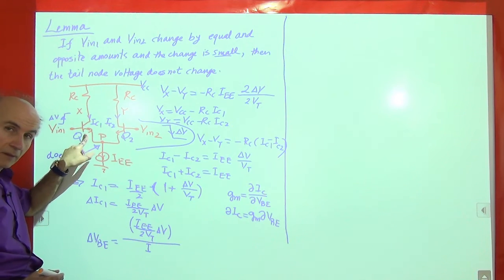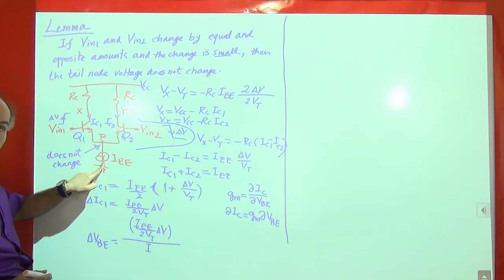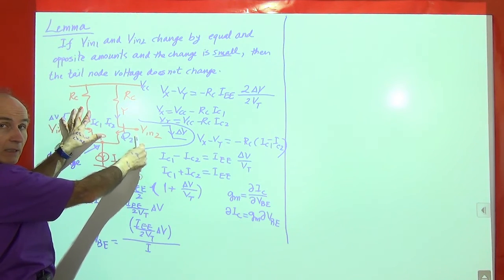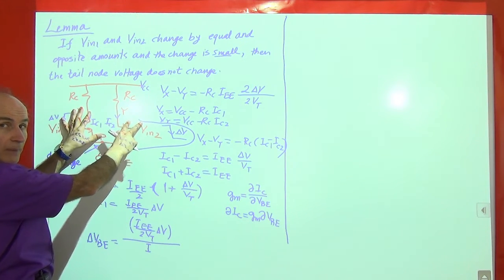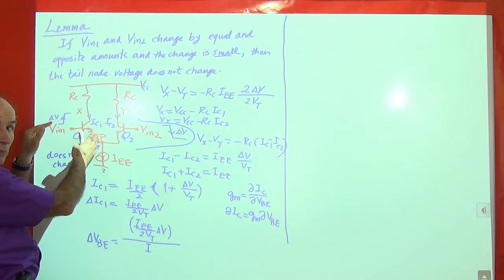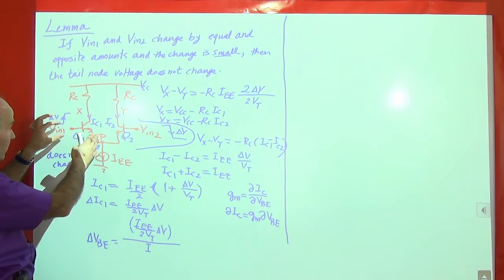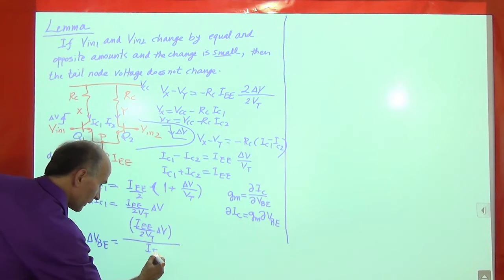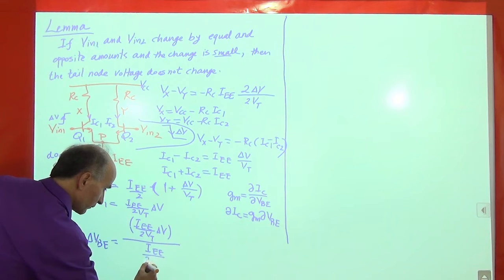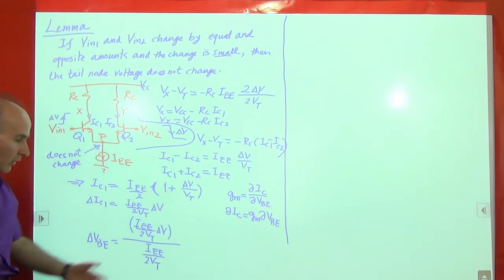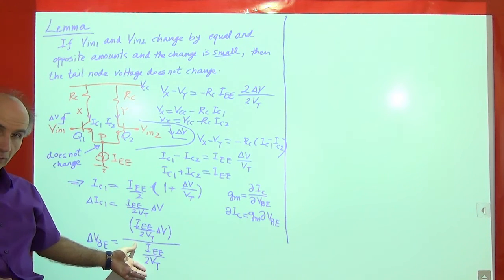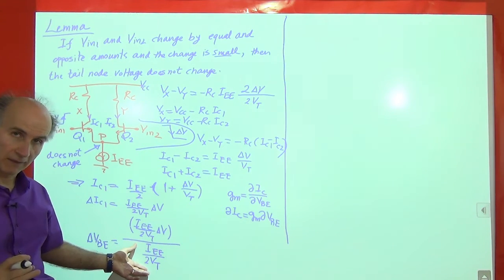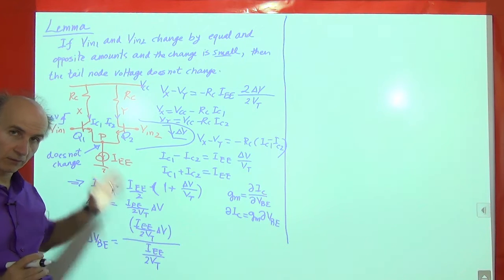How much is the bias current? The bias current is half of this, right? Because before we applied the perturbation, this guy had half of IEE and this guy had half of IEE. So the bias current of this transistor before the signal comes in is IEE over 2. So IEE over 2Vt. Remember, the equation for the transconductance of a bipolar transistor is equal to the bias current divided by Vt. The bias current is IEE over 2 in this case.